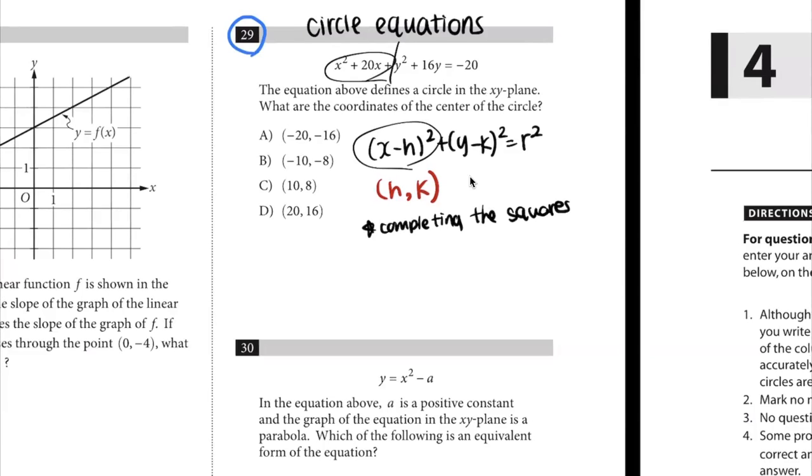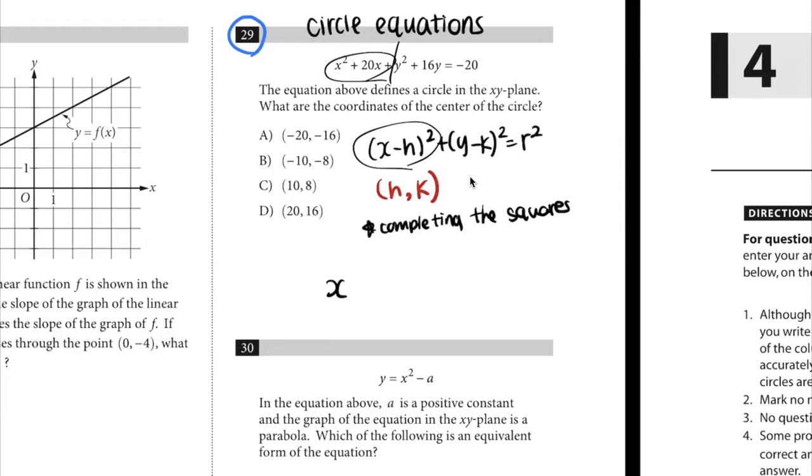So you just go backwards, right? Whenever you get (x minus h) squared, then you know that it's going to be x squared minus 2hx plus h squared.